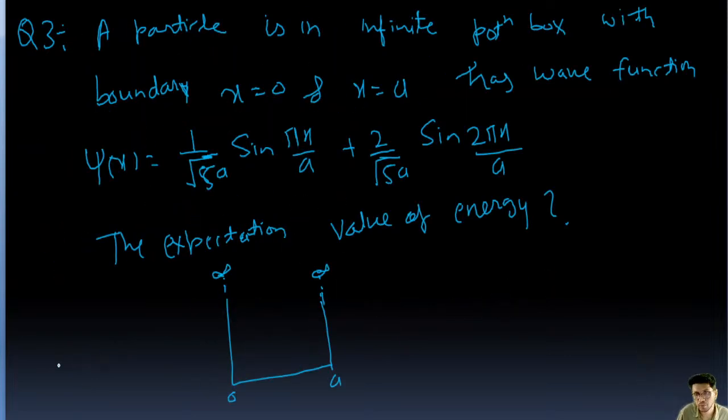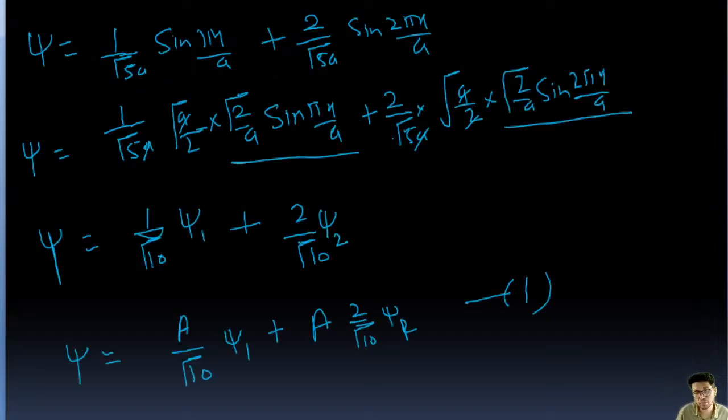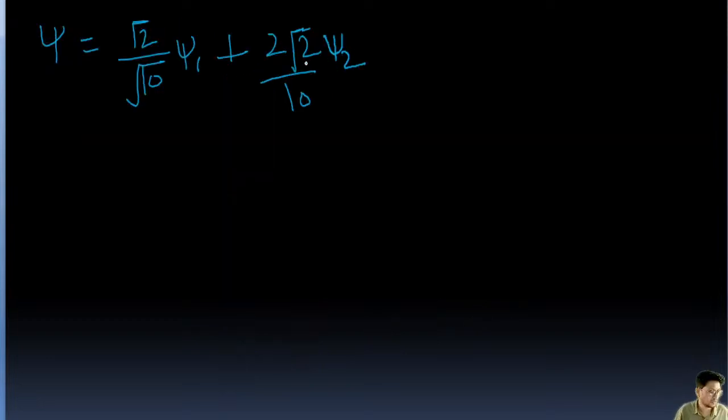So the equation 1 is going to be psi equal to root 2 upon root 10 psi 1, plus the second is going to be 4 upon 5, or we'll write it like 2 root 2 upon 10 psi 2, because a is root 2. So we will simplify it.